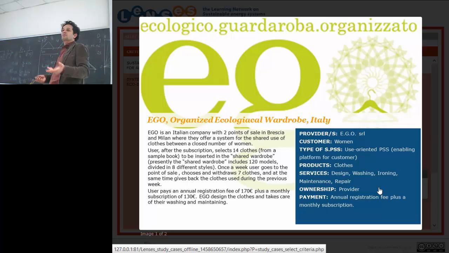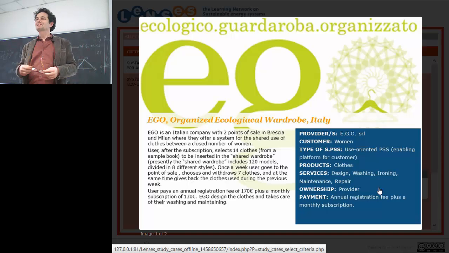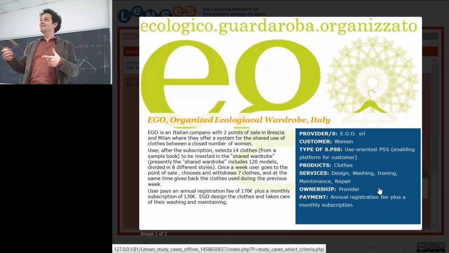And okay, what could be an objection to this? Would you ever use a cloth that another person has been using? Maybe you said, who knows? And of course, they are guaranteeing that they are very well washed, so there is a system to say this, if they are certified and so on.